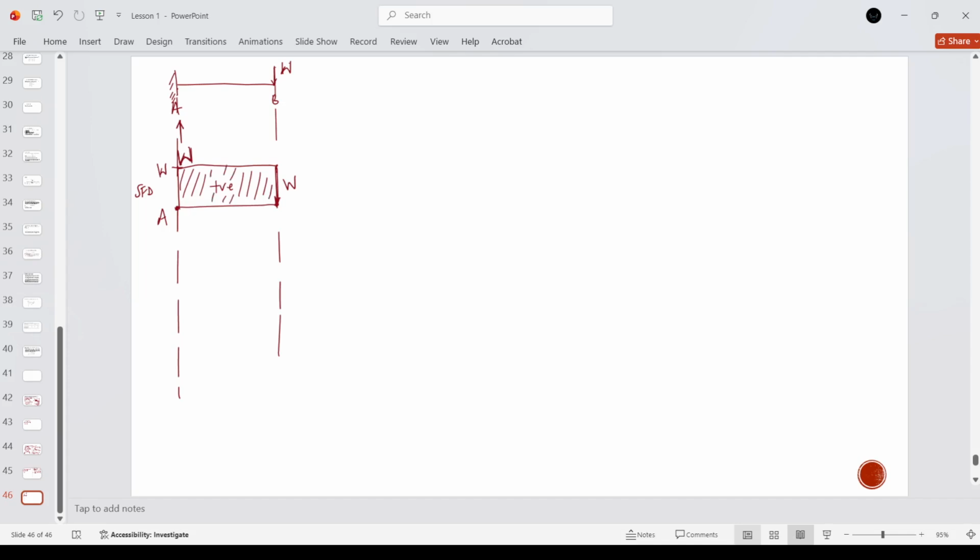That is what will happen. It will increase by W, then we have a span of L.